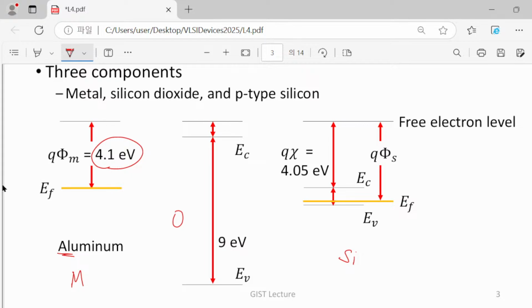We have a different metal, but this is just shown as a representative value. So what is the meaning of this work function? The metal work function phi m means that if we give an additional 4.1 eV of energy to an electron in the metal, then we can make it free from this metal system.